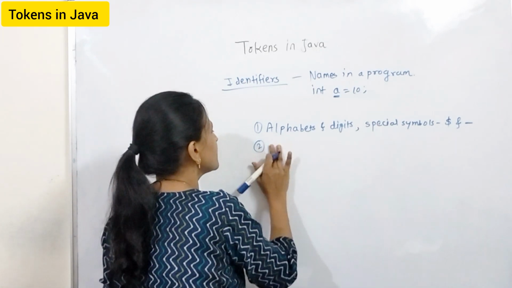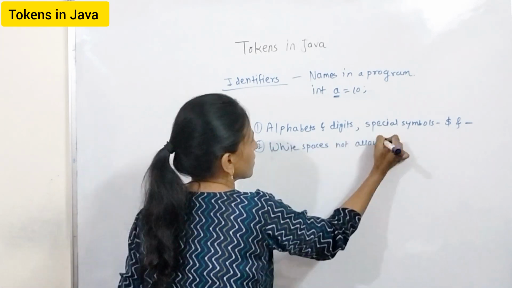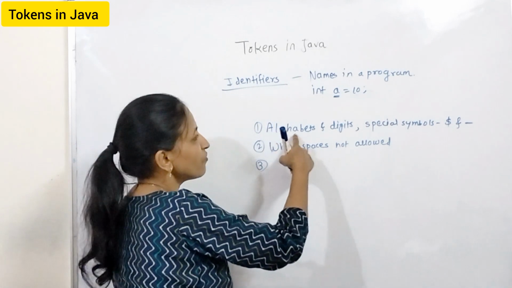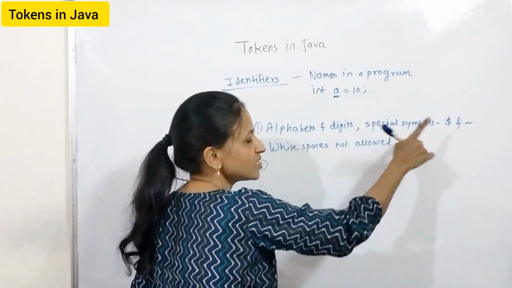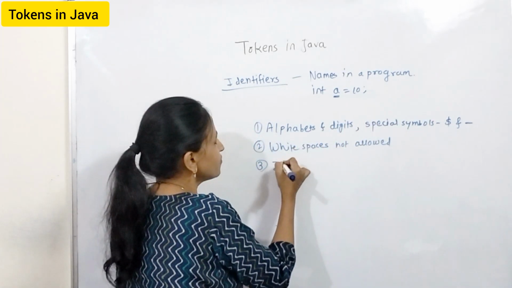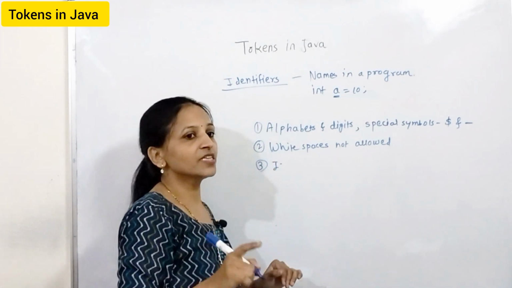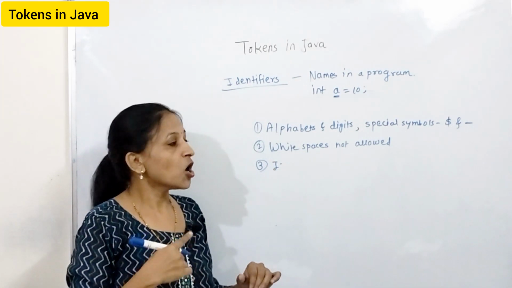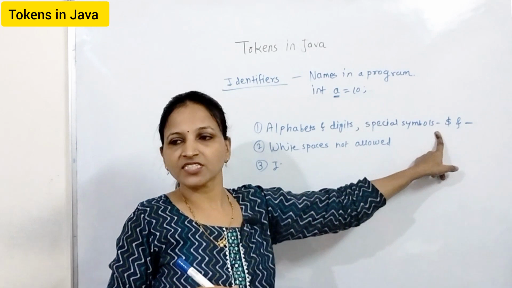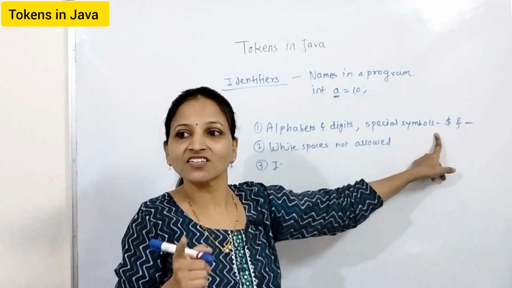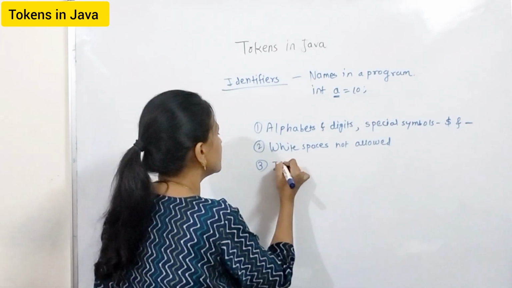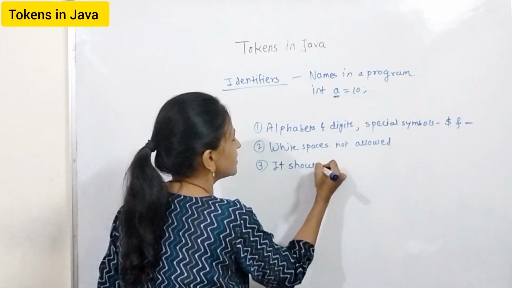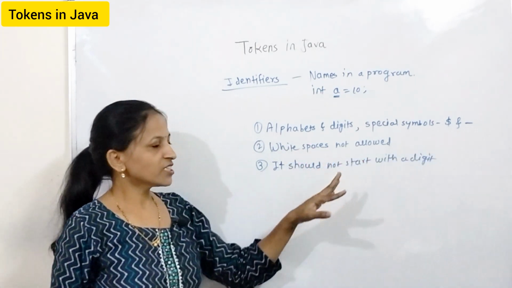White spaces are not allowed. Alphabets, digits or special symbols are allowed, but an identifier name should start with an alphabet or a special symbol, it should not start with a digit. White spaces are not allowed.